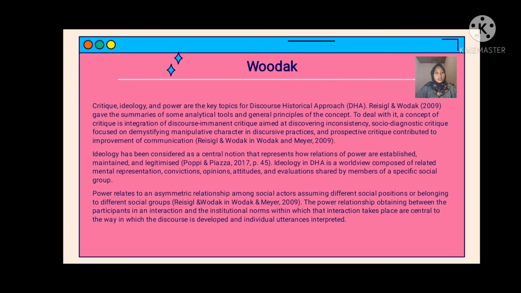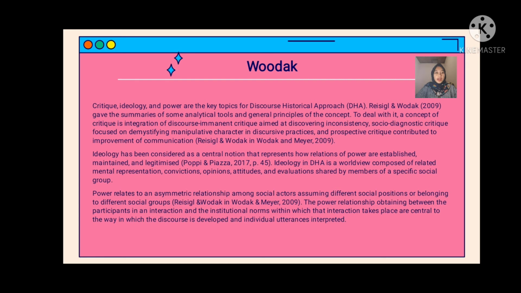To deal with it, the concept of critique is integrated into this approach. Immanent critique aims at discovering inconsistencies. Socio-diagnostic critique focuses on demystifying the manipulative character of discursive practice, and prospective critique contributes to the improvement of communication.